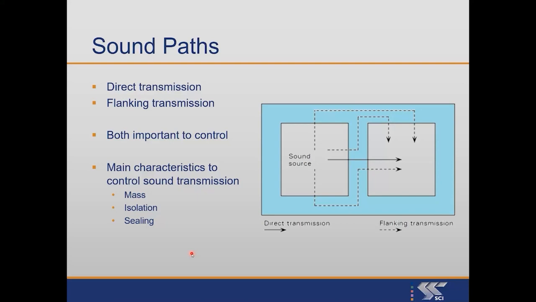So not just having a solid mass, but having separate layers of different densities. That's very good at insulating sound. And then, of course, making sure that any gaps or junctions are well sealed, making sure that there's no sort of very easy paths for sound to travel from one part of the building to the next.